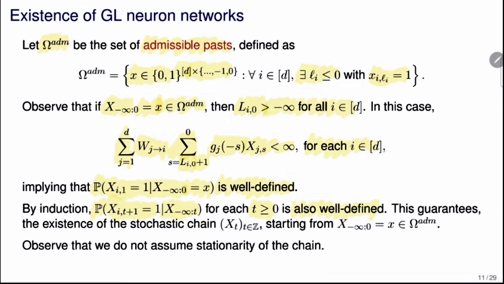And so this guarantees the existence of the stochastic chain X_t, that is the GL neural network, starting from the path x in the set of admissible paths. And in particular, observe that we do not assume that the GL neural network is stationary.